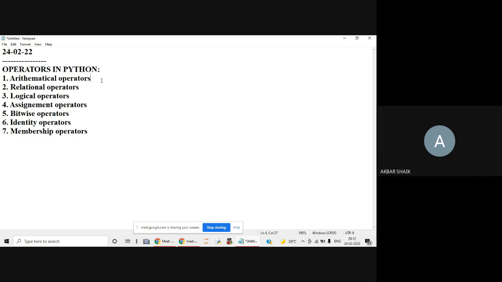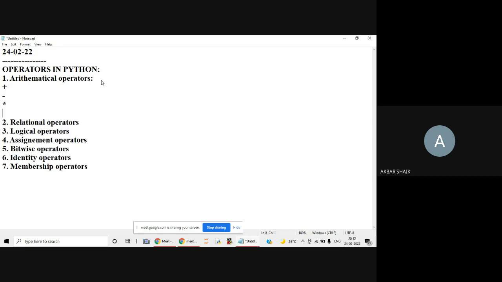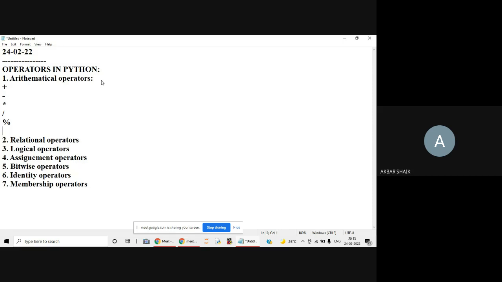First of all, arithmetical operators. We have arithmetical addition represented by plus, subtraction represented by minus, multiplication represented by star, division represented by slash, modulo represented by the percentage symbol, and floor division, double slash.